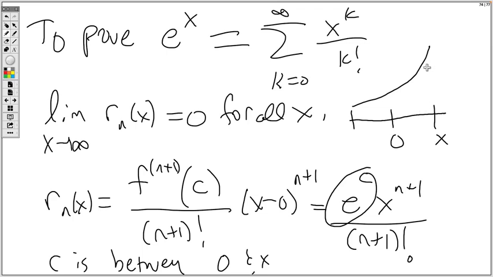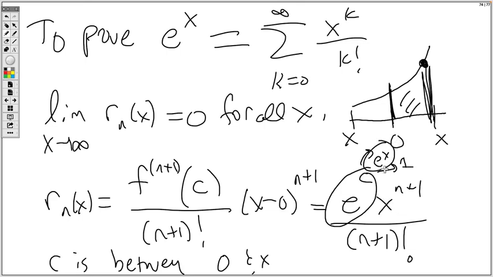So if x is positive, then I could bound what goes on here by e to the x. If x is negative, then I could bound what's going on over here by 1. You with me or not? So the bound on this is either going to be e to the x itself or it's going to be 1, depending on where x is. You follow? Worst case scenario, it's one of these.